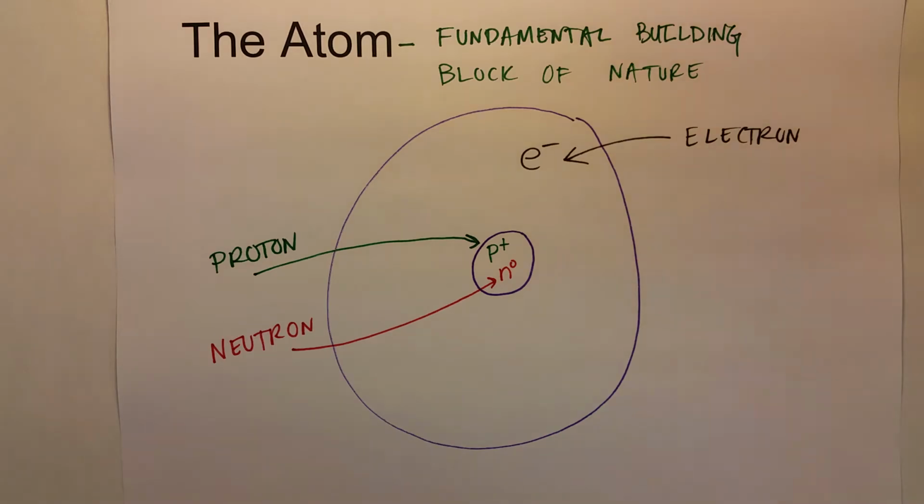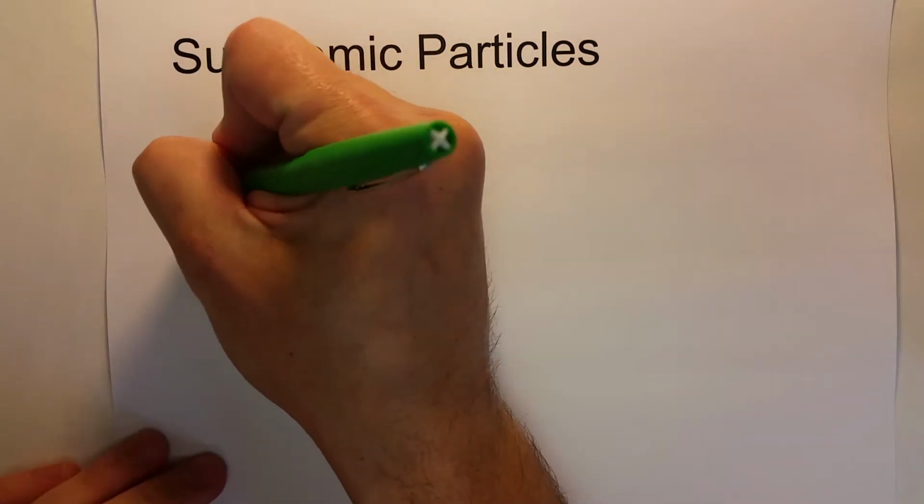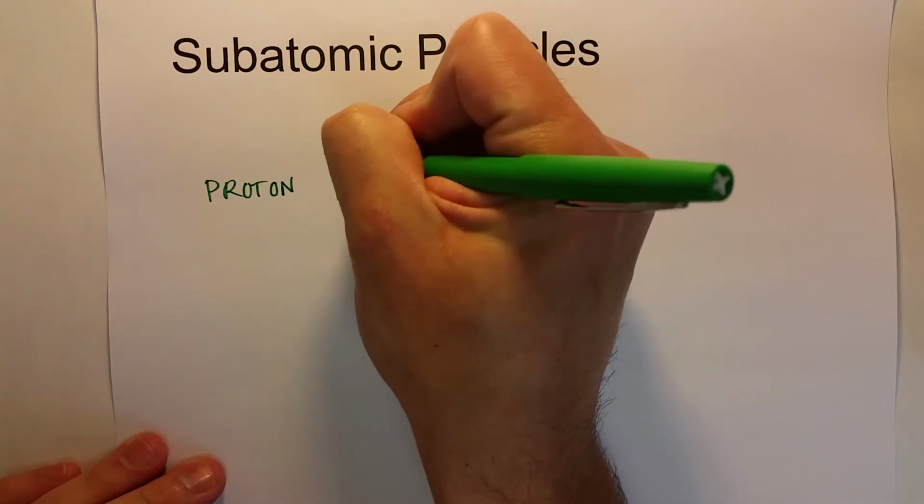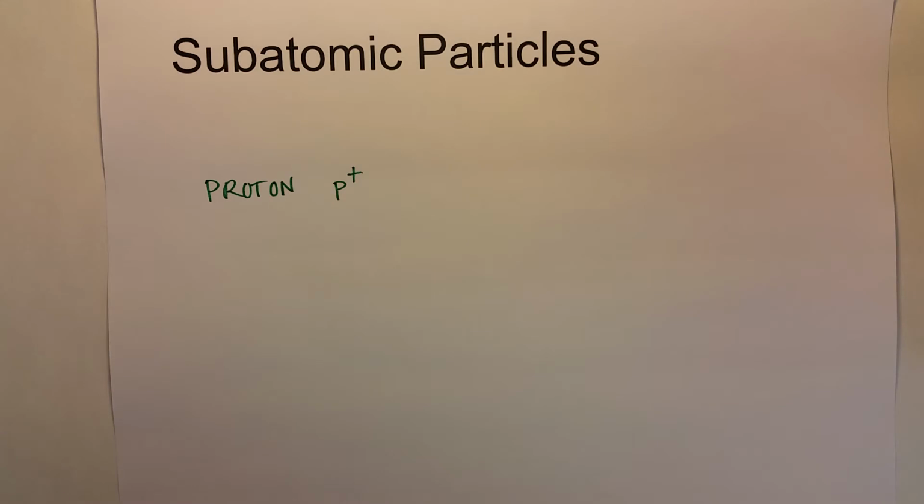Now, of course, these subatomic particles have some physical properties that we might want to mention in terms of mass and then, of course, charge. The proton, which, as you saw previously, I usually abbreviate as lowercase p with a positive superscript because it is positively charged.